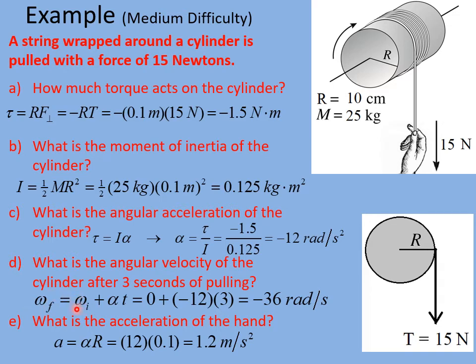Its initial angular velocity is 0, so the final is just equal to alpha times time. We had several equations for rotational kinematics, and this is the one that would apply. We know alpha is negative 12, and the time was given as 3 seconds. So negative 12 times 3 is negative 36 radians per second.